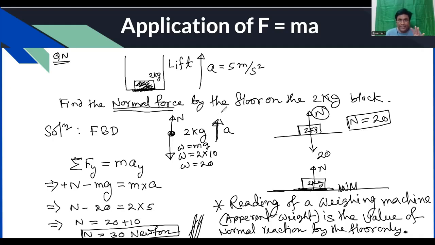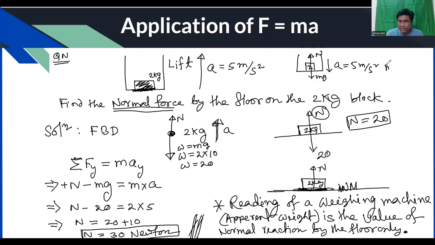So remember, if the lift is accelerating down, then the equation will be, say same question, a equal to 5 meter per second square. If I draw the free body diagram, it will be mg and N, but this time you don't write N minus mg.